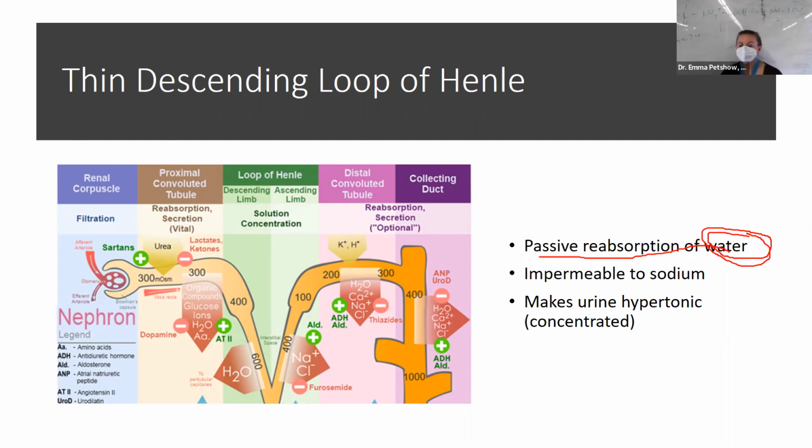It's going to make what's staying in the lumen hypertonic, or more concentrated, because we're pulling water out. So if you're having trouble concentrating urine, this is an area you might look to: is there something wrong with my thin descending limb? Because this is where I should be reabsorbing water and making my urine more concentrated. It has no effect on sodium.